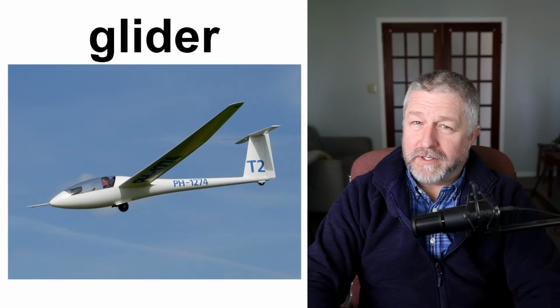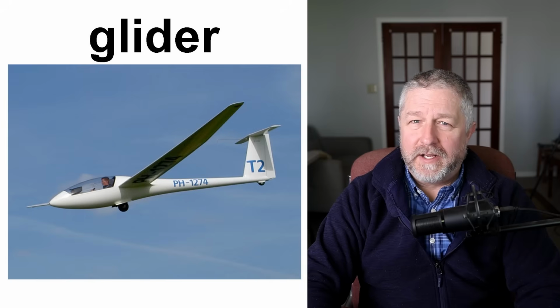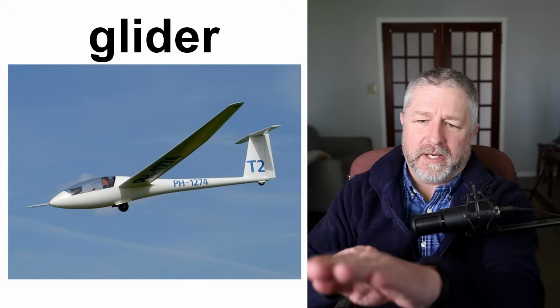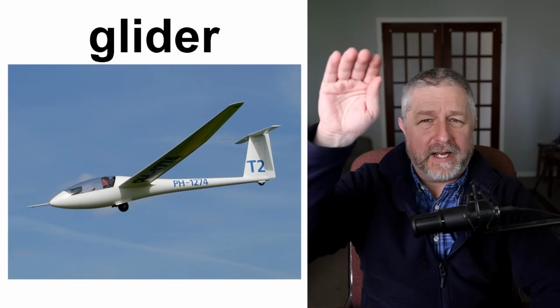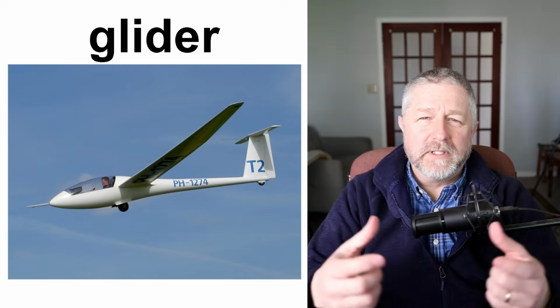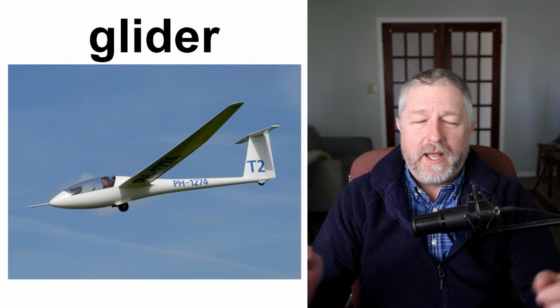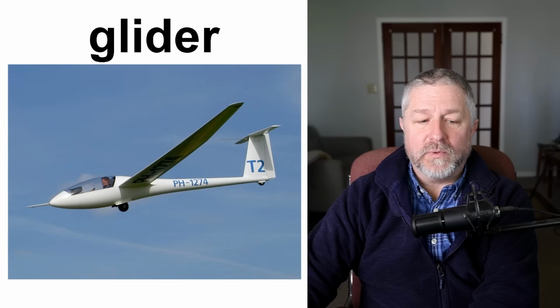You have what's called a glider. A glider is a type of aircraft that has no engine. So it needs another airplane to tow it up to a very high height so that it can glide. It has really big wings and no engine, and it will just slowly glide to the ground.